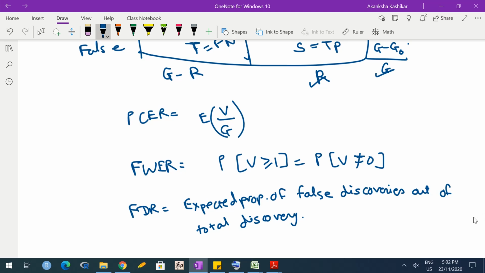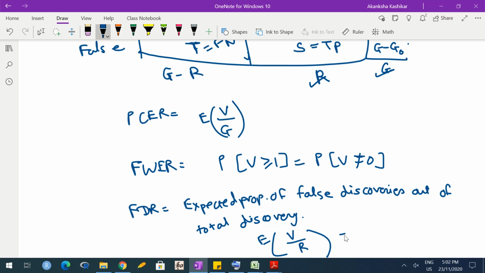So expected proportion of false discoveries out of total discoveries means your FDR is actually defined as expectation of V upon R, right? But of course, if your R is 0, then this is not defined.